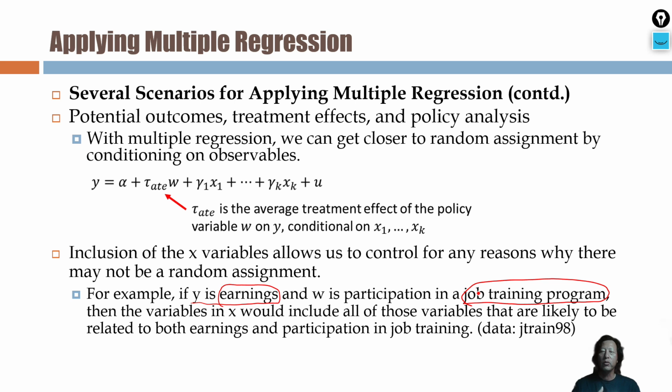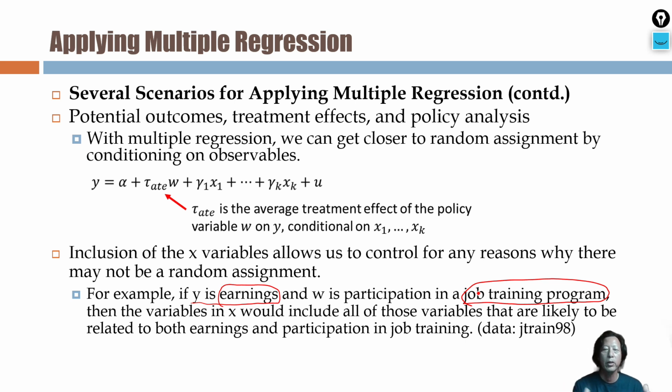If I can do a controlled experiment, I can do similar education, similar ability, similar salary, and then one group I give a job training and the other group I don't give a job training.